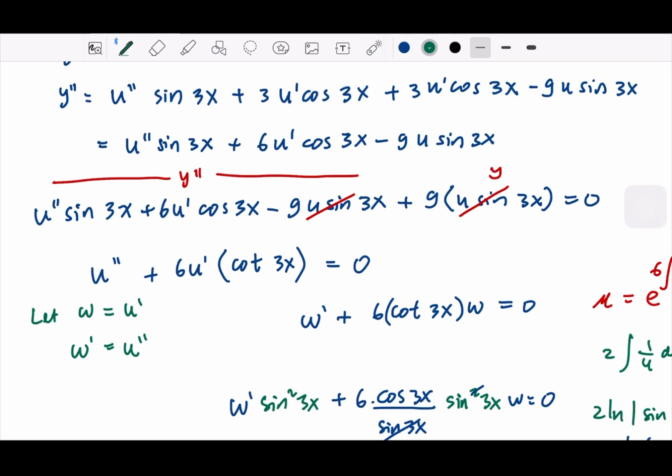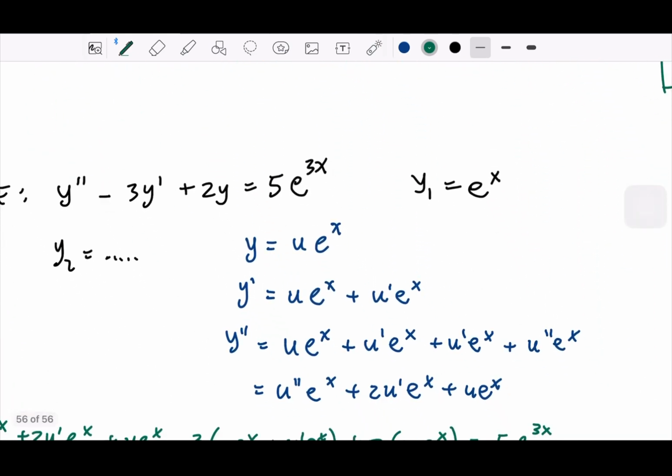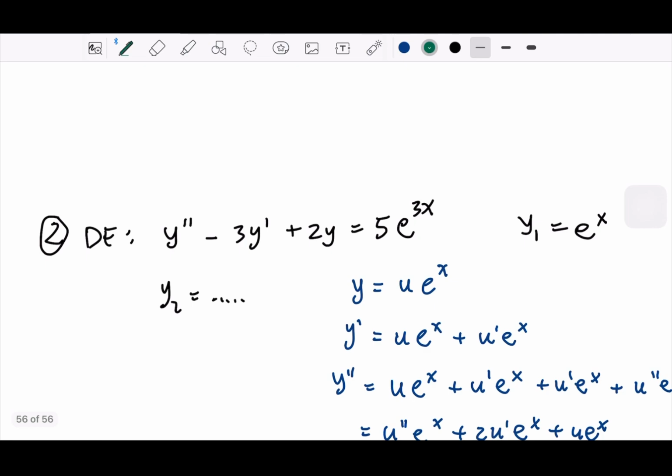But here we have some structure on the right side, so this is non-homogeneous. What will be the difference? In non-homogeneous, the solution that we are going to have has yc and yp, the complementary and the particular solution. That will appear in our solution at the end.